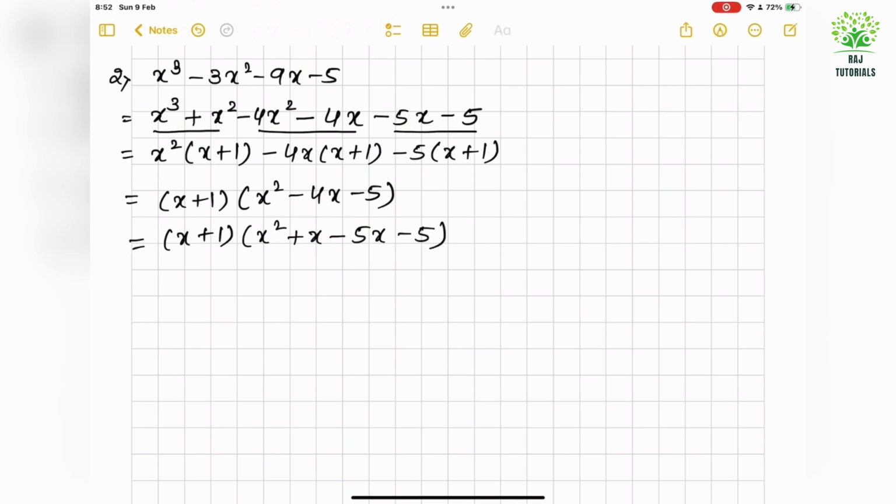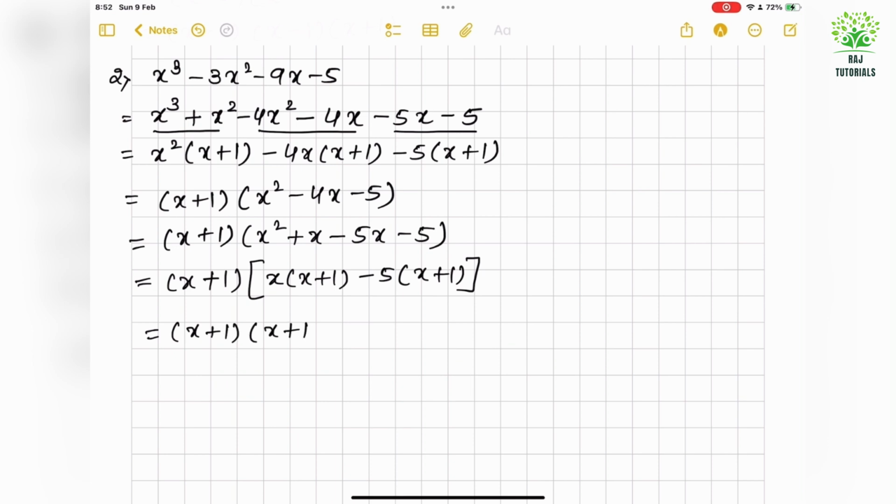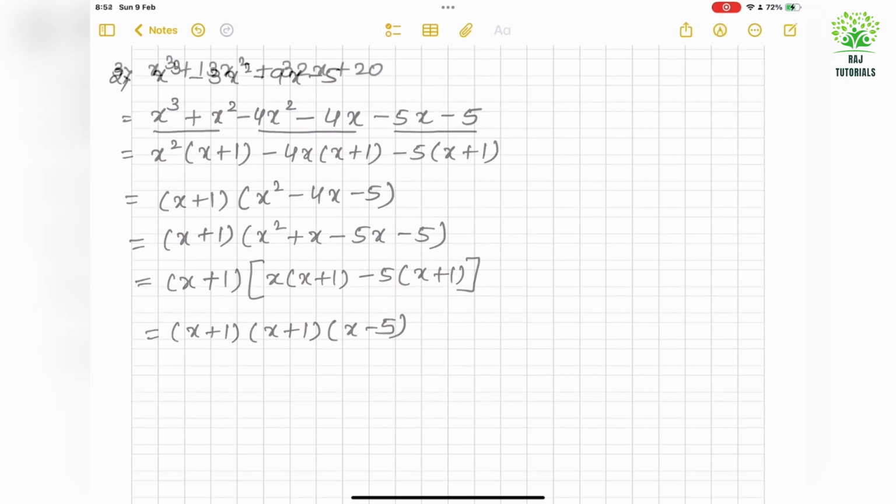So this will become x plus 1, and in another bracket, if I take from the first two x common, I get x plus 1, and from the second two I am taking minus 5 common, to get x plus 1. So this will be x plus 1 into x plus 1 and into x minus 5. So that will be my final answer.